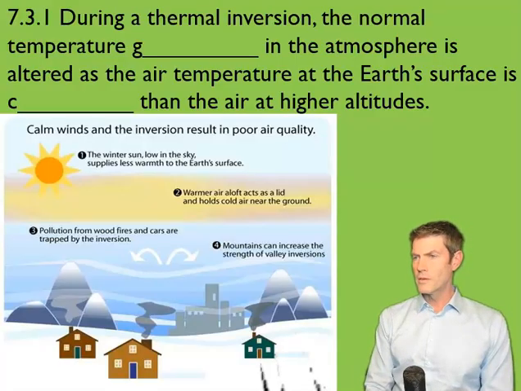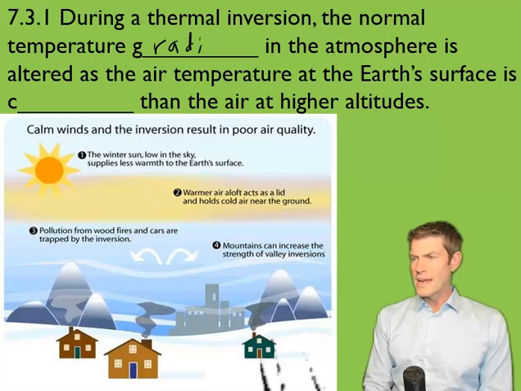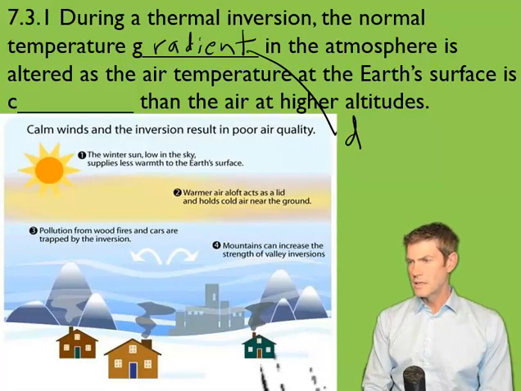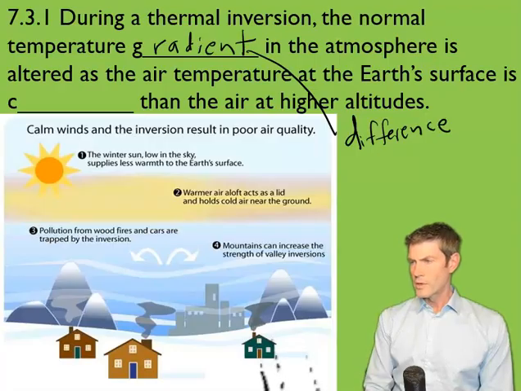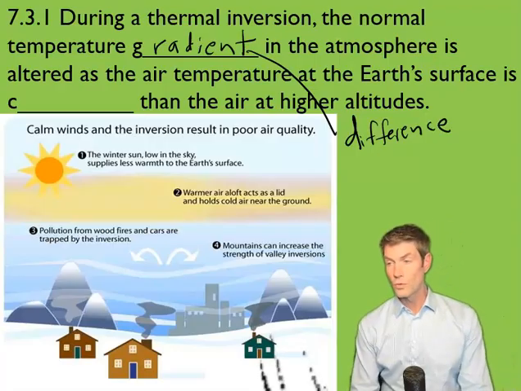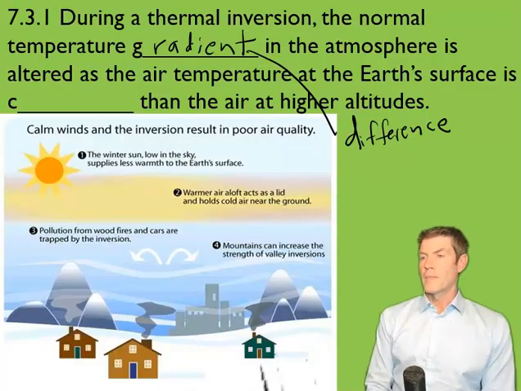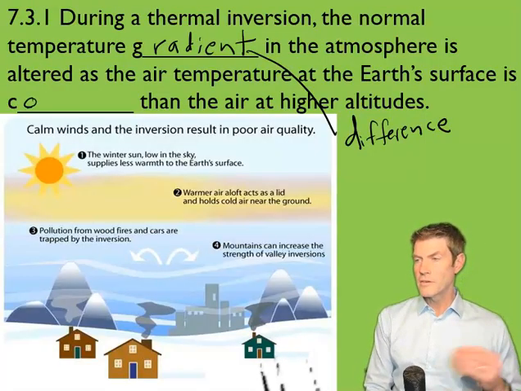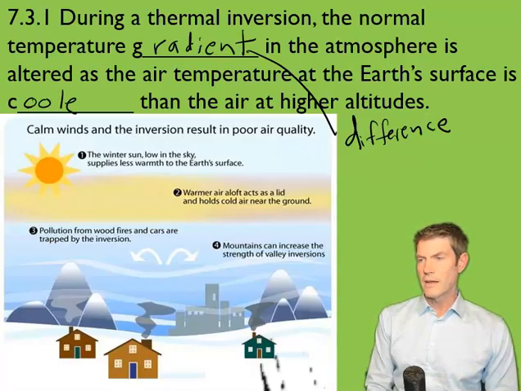So during the thermal inversion, the normal gradient in the atmosphere is altered. Gradient just means a difference, which, remember, usually is warmer near the bottom, cooler at the top, because the air temperature at the Earth's surface is warmer than at higher altitudes.